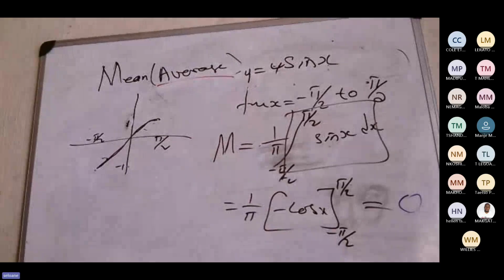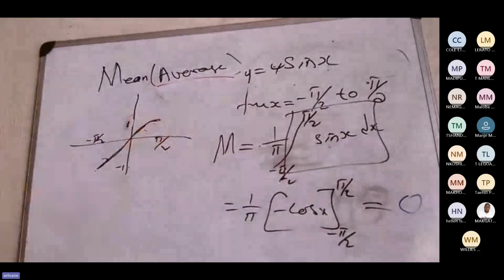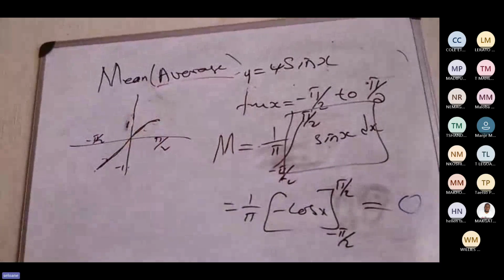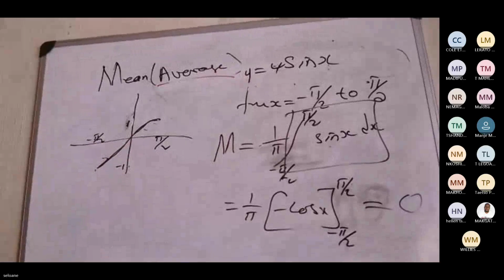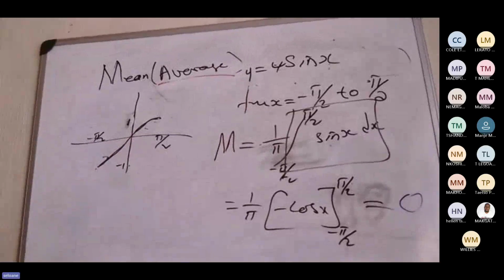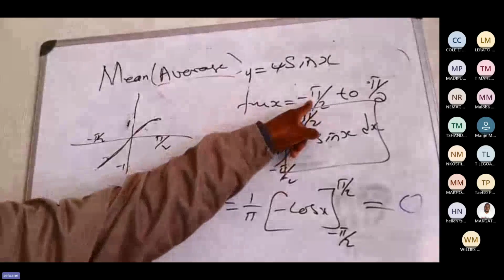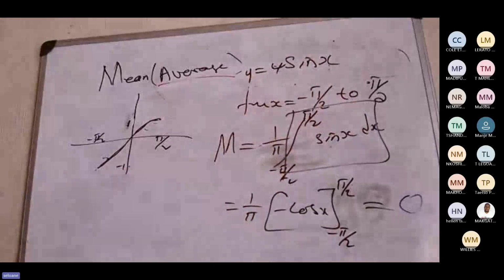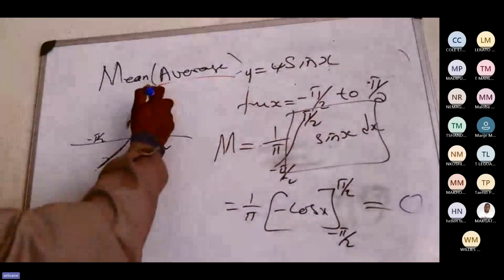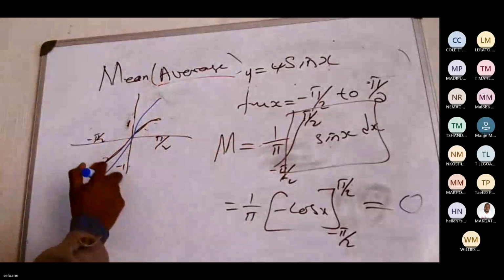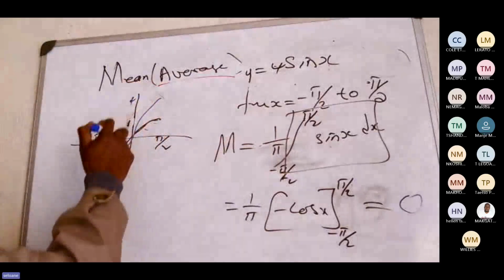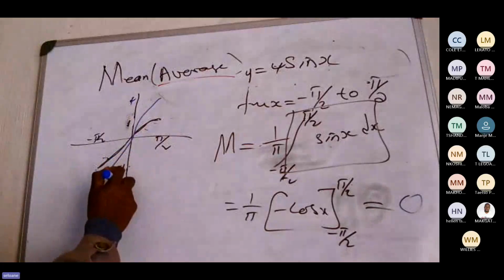Can you sketch that graph? y is equal to 4 sine x on the very same set of x's, from minus pi over 2 up to pi over 2. Yes, it will be something like this. This is now 4. This is now minus 4.